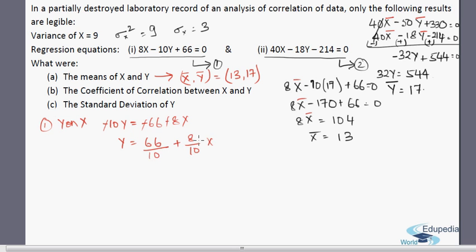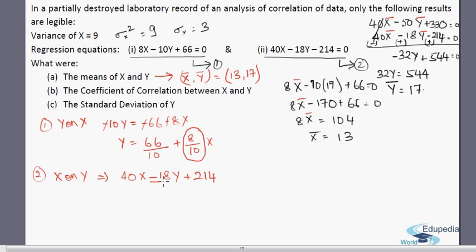Okay, so we are concerned with the value of b. This is the value of b, right? 8 by 10 is the value of b. Similarly, let's take the second equation as x on y, so that will be written as 40x minus 18y; this will go to the other side, equal to 18y plus 214.